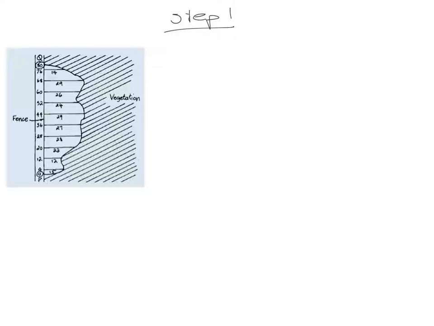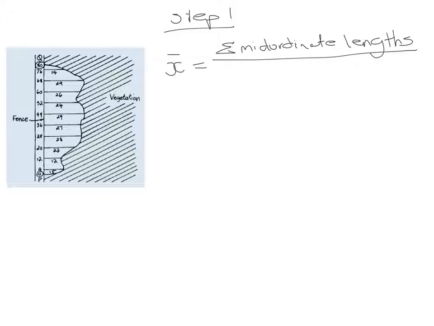So to do that, I'm going to find the average, and so that will be the sum of the mid-ordinate lengths divided by the number of lengths.